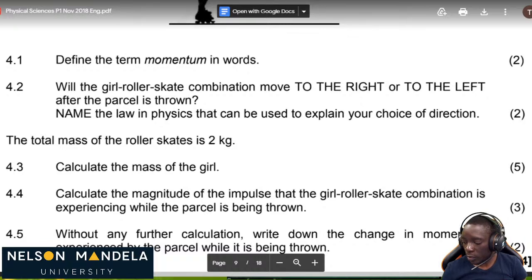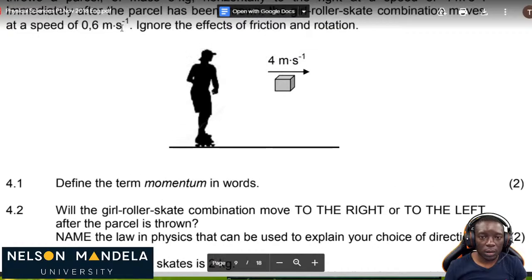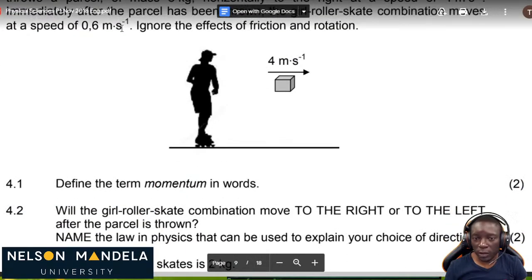So we have the girl and the parcel, mass 8 kgs, and 4 meters per second.